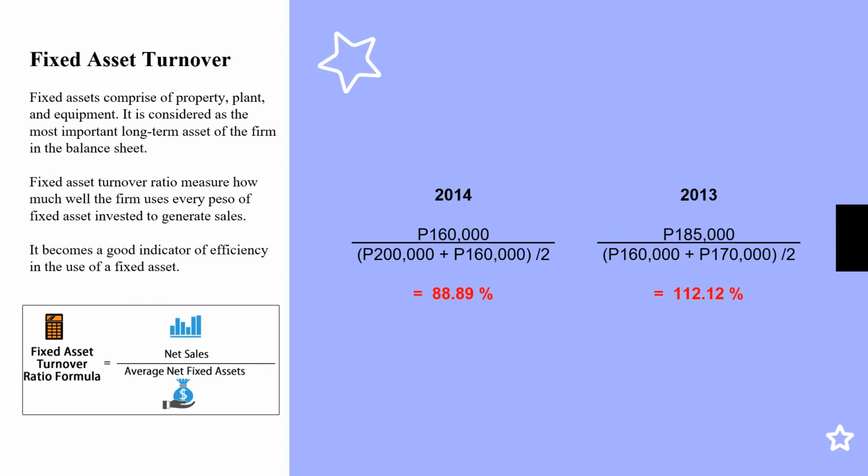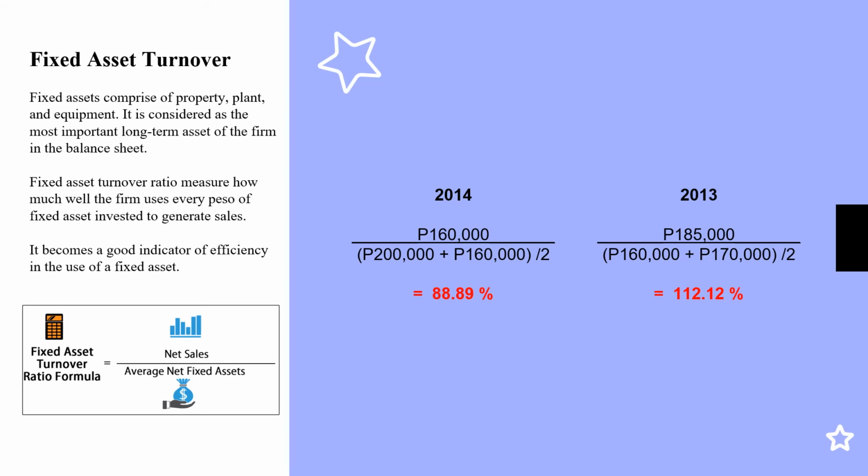Another ratio is the fixed asset turnover. So fixed assets, typically it comprises property, plant and equipment, or yung ating PPE. So it is considered as the most important long-term asset of the firm in our statement of financial position or balance sheet. So fixed asset turnover ratio measures how well the firm uses every peso of fixed asset invested to generate sales.